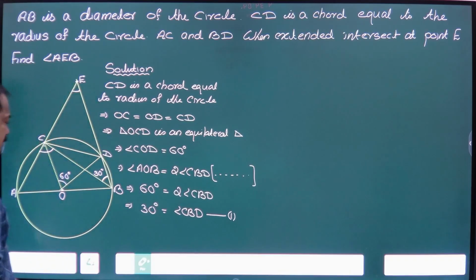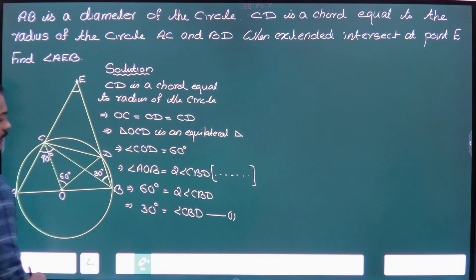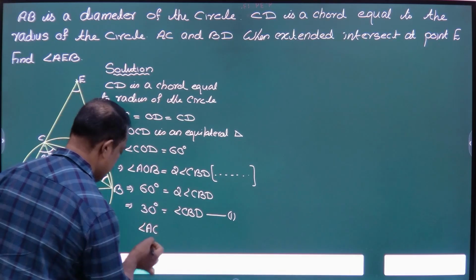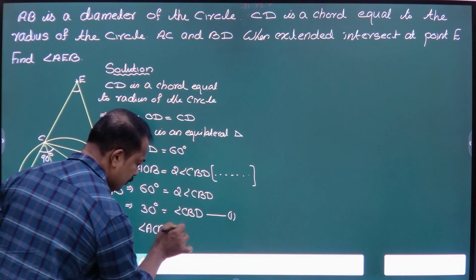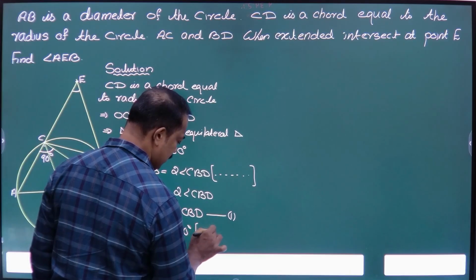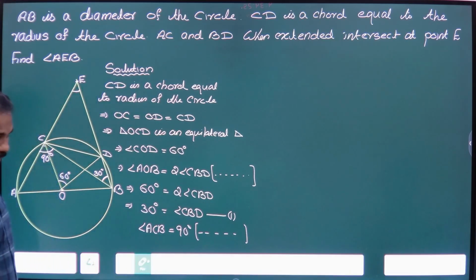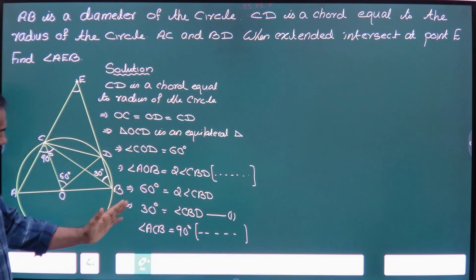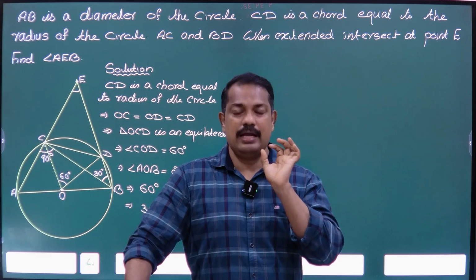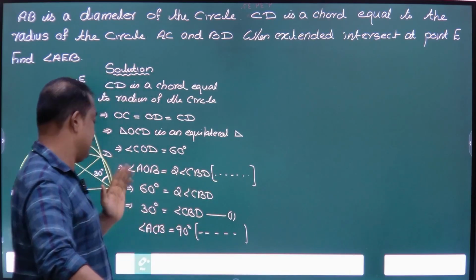So angle ACB equal to 90 degree. Reason clear? Theorem clear?